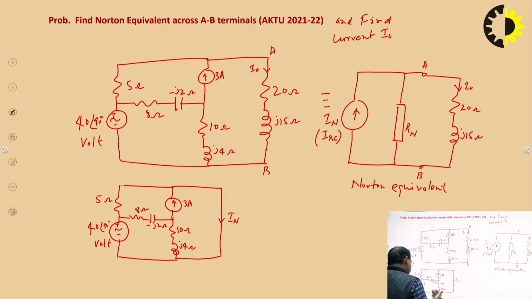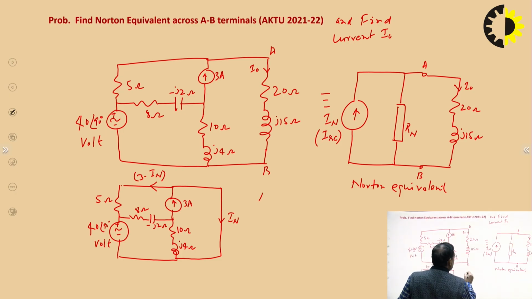So, just try to visualize the current distribution. We can see that 3 ampere current is approaching towards this node and IN is leaving. So, current through this is 3 minus IN. So, current through the 5 ohm resistor is 3 minus IN, and you apply this outer loop. You take the outer loop, you can find the IN. So, apply Kirchhoff's voltage law in the outer loop.